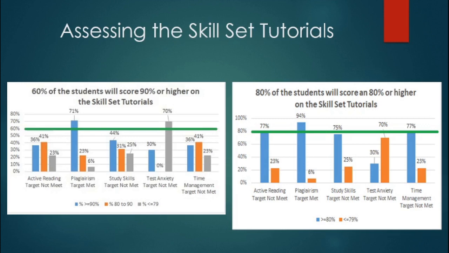I don't know. The next one is 80% of the students will score an 80% or higher on the skill set tutorials. And we only had 1 again that met that target, and that was the plagiarism tutorial. But we had 3 that were close: active reading, study skills, and time management.